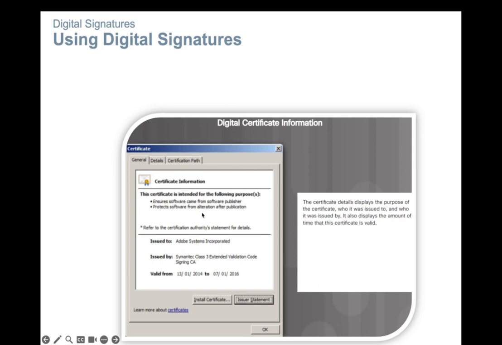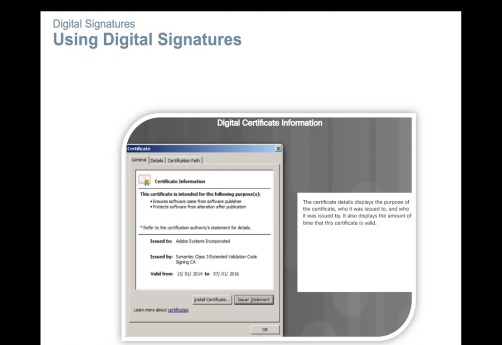This certificate is intended for the following purpose, and importantly the issuer, to whom this digital certificate is issued: Adobe Systems Incorporated. We observe code signing, and who issued this certificate to Adobe Systems, which is the Symantec Class 3 Extended Validation Code Signing Certificate Authority, CA.